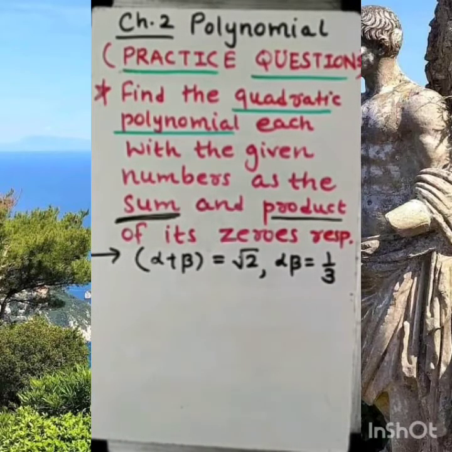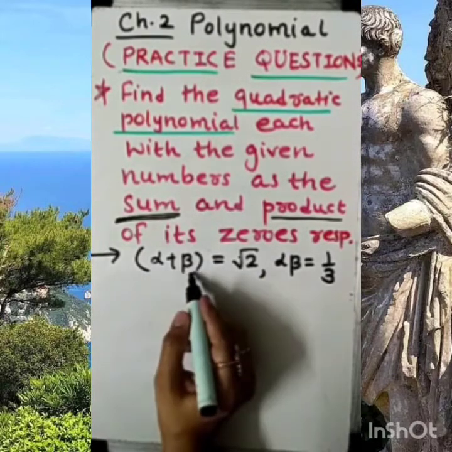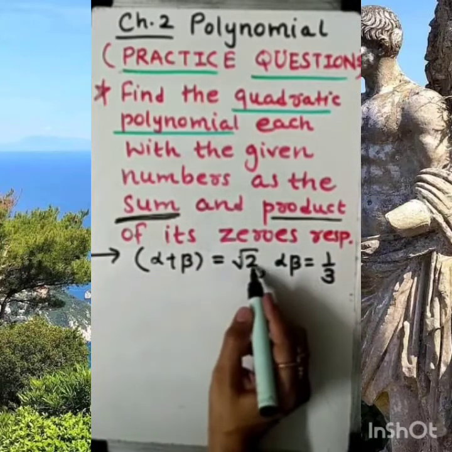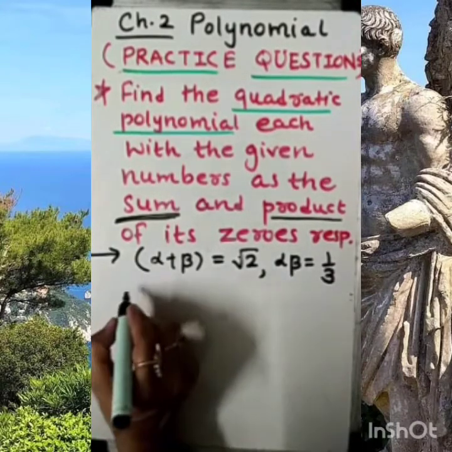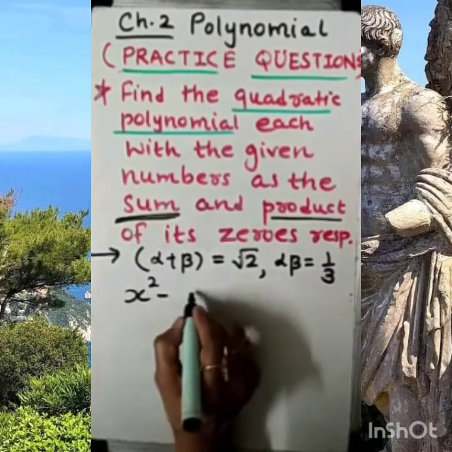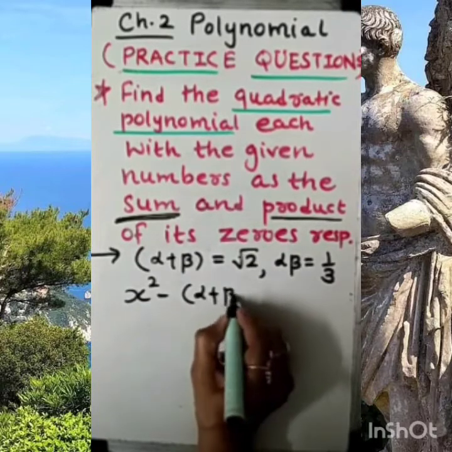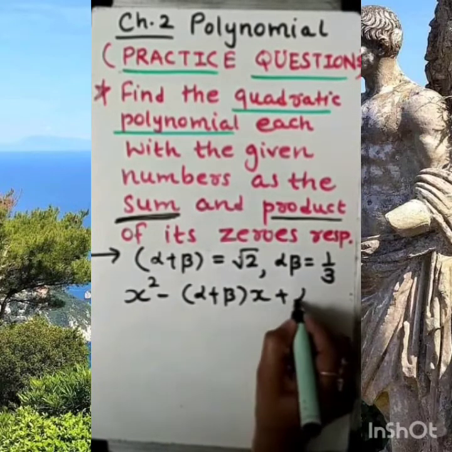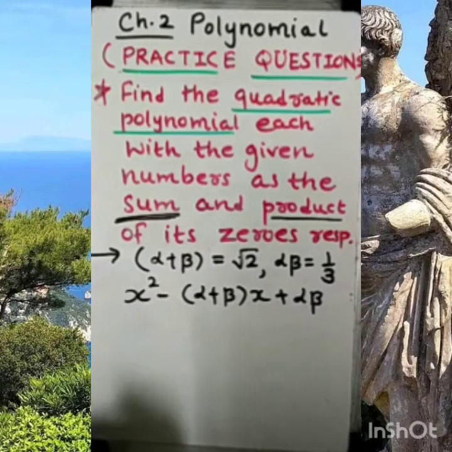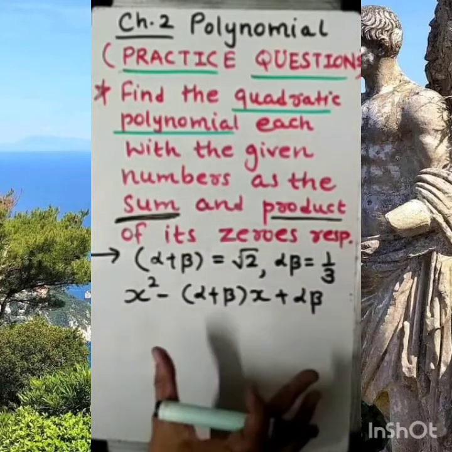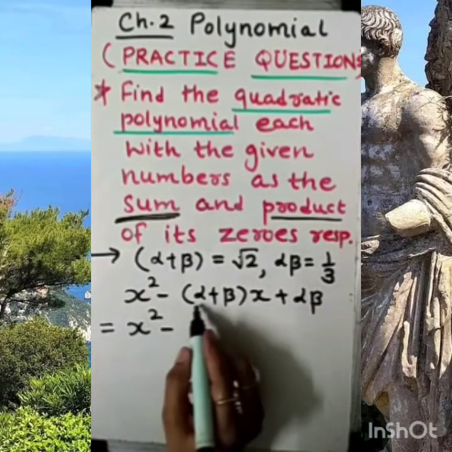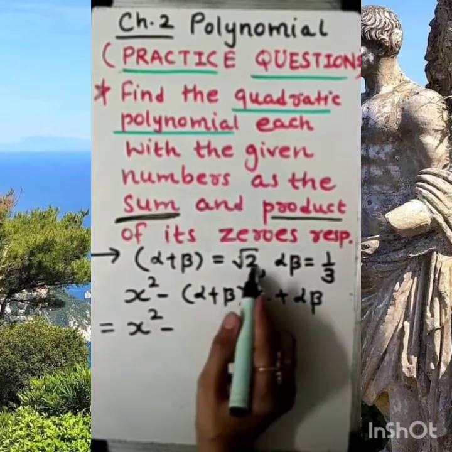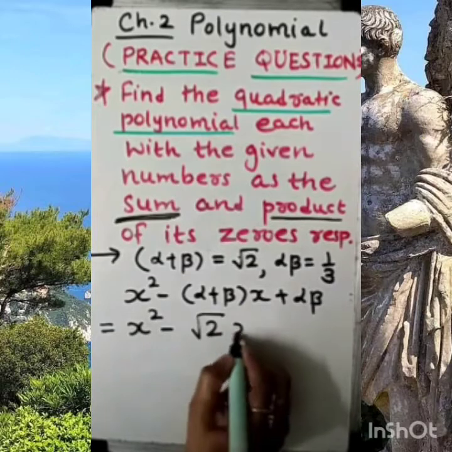So my dear student, here the sum of two zeros is root 2 and the product of two zeros is 1. As we know, the polynomial is x square minus (alpha plus beta) x plus alpha into beta. In place of alpha plus beta, we will put its value, root 2, so root 2 x.